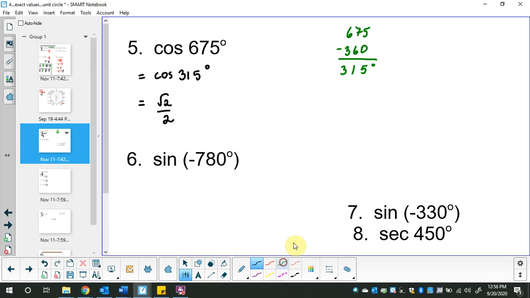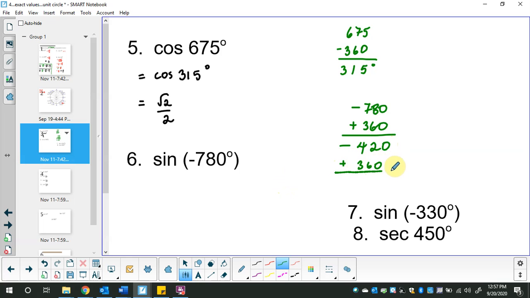So, negative 780 is off the unit circle as well, but if I subtract 360 degrees, it's just going to make it worse negative. So I'm going to add 360 degrees, which means it's less negative. And that's still off the unit circle, because the unit circle is 0 to 360. So I'm going to add another 360.